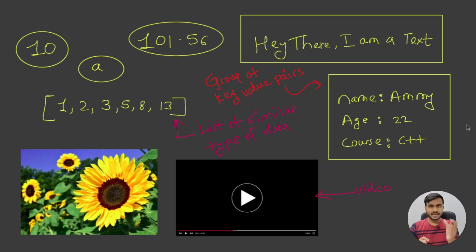If you take 10 or 20 such kind of values, then you can apply arithmetic operations on them. You can add 10 and 20, you can subtract 10 and 20. But let's take a different example. Let's say you have small a and small b. Can you apply multiplication on them? Can you apply addition operation on them? The answer is no. Applying arithmetic operations on characters doesn't make any sense, right?